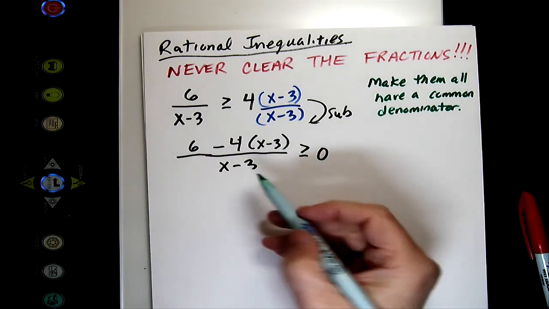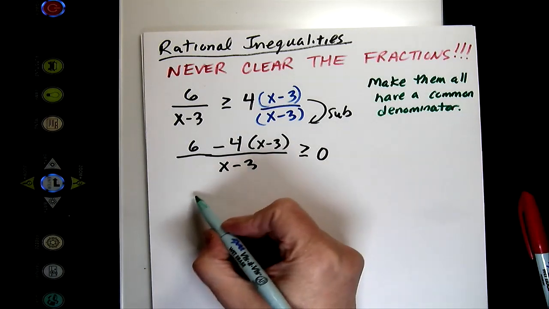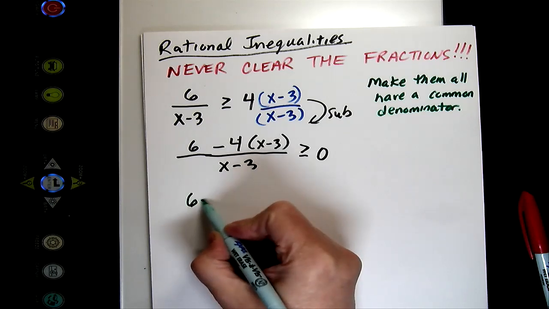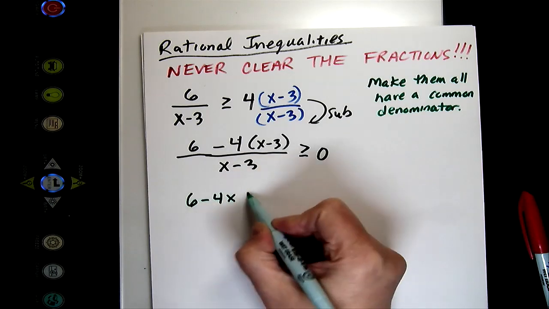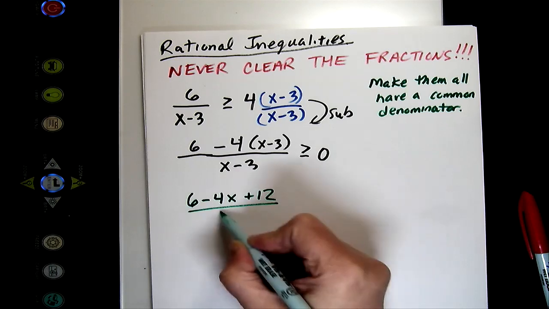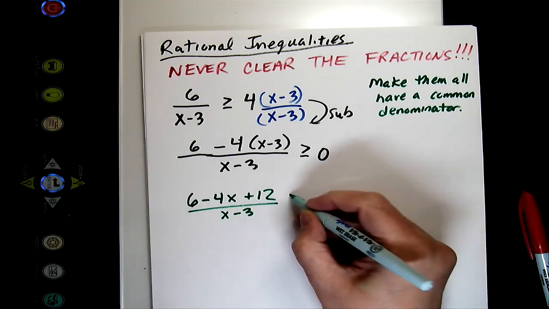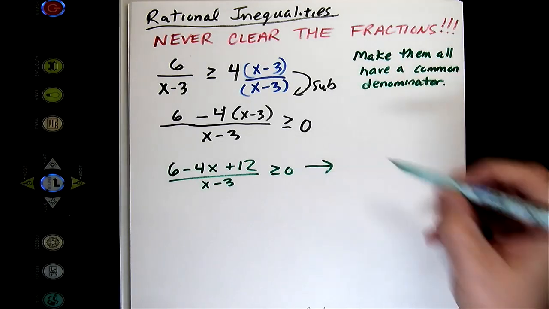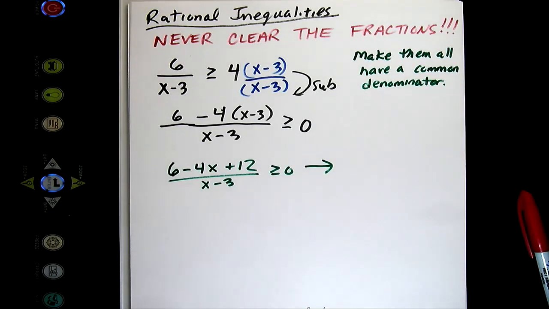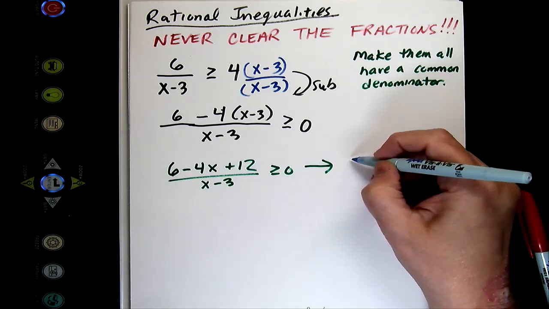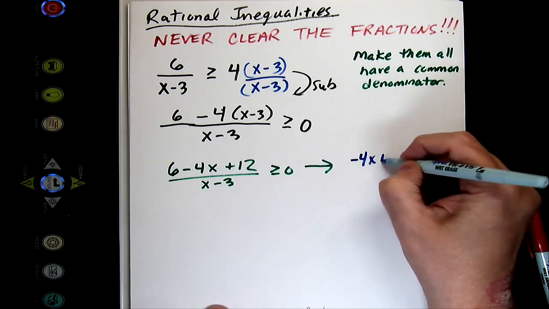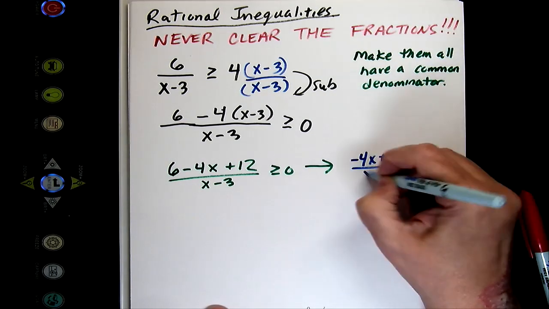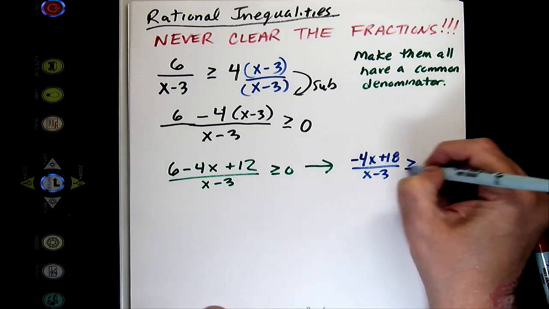So at this point, we want to clean up the top. I'm going to distribute that -4. In the interest of saving some room, I'm going to write it over here to the right. -4x plus 18 over x minus 3 is greater than or equal to 0.